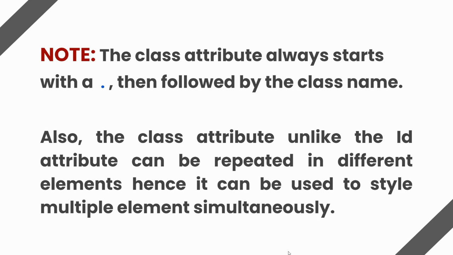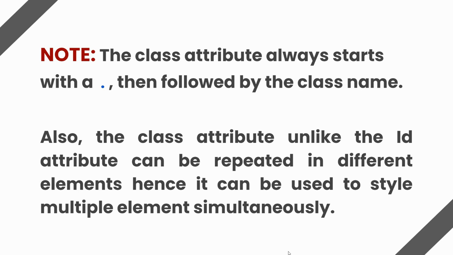But unlike the ID attribute, the class attribute actually gives you the power to style different tags with the class name. And by different tags, I mean any element that has that class name. So probably you have those four p tags with the same class name in each of their opening tags, and you also have a heading 2 tag or a heading 3 tag or a heading 4 tag, and you also put that class name within those heading tags.